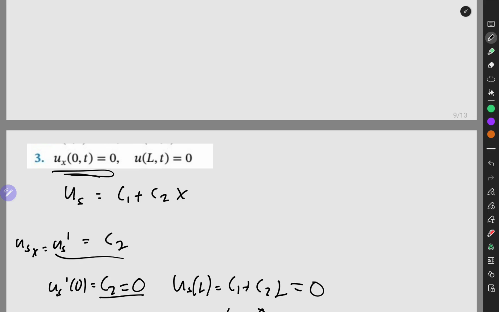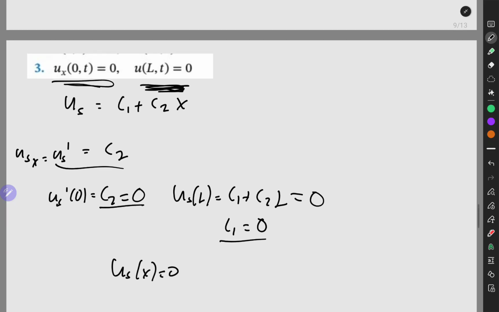So over time, that heat is going to dissipate through this end, right, driving the temperature to 0 basically everywhere.